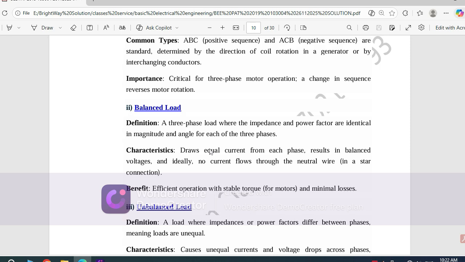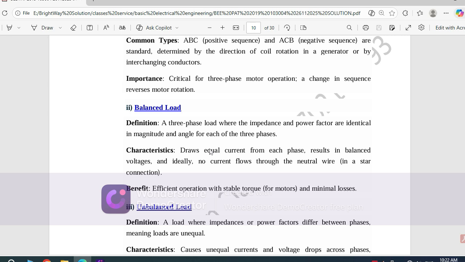Next, balanced load: a three-phase load where the impedance and power factor are identical in magnitude and angle for each of the three phases.